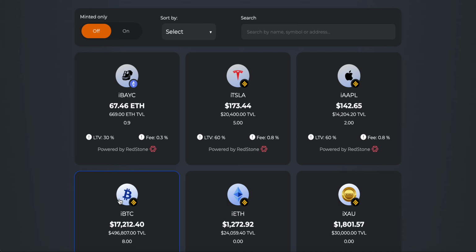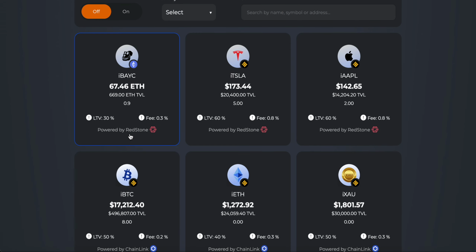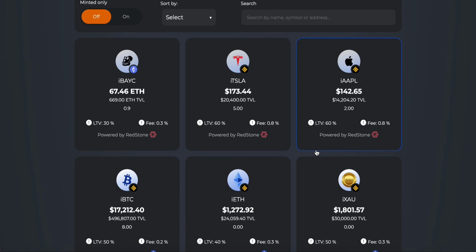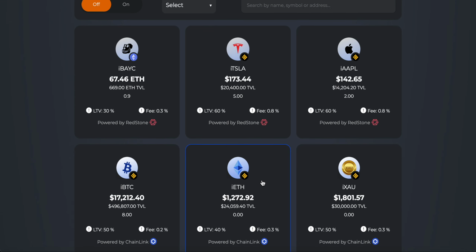That is pretty amazing because you're doing single token staking to earn another token. So it's pretty nice. Below we show the oracle we use for the different markets. In this case using Redstone, and in this case using Chainlink. Users understand the risks they're incurring based on the oracles.